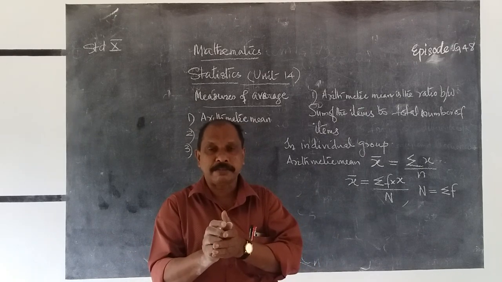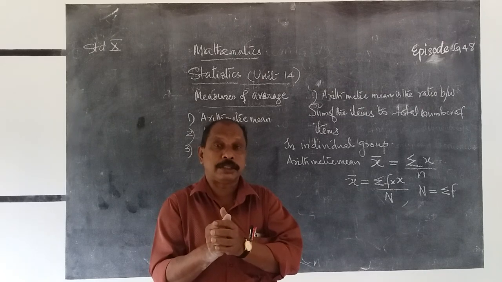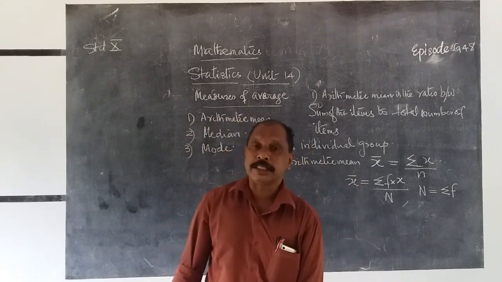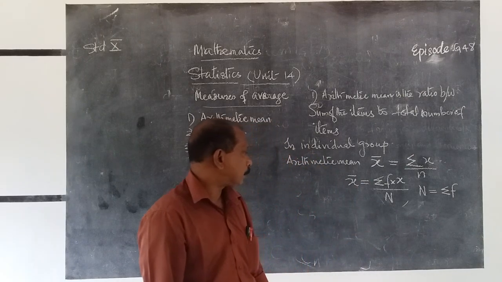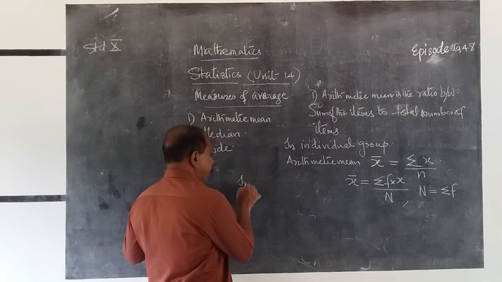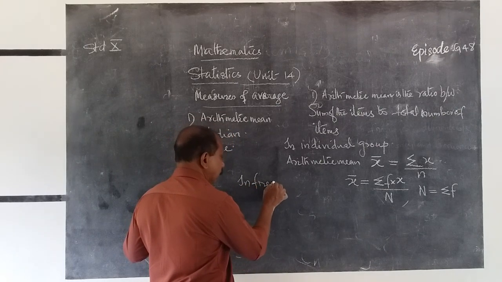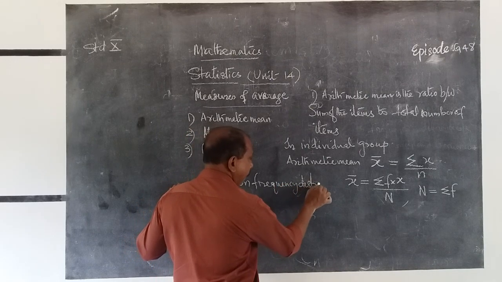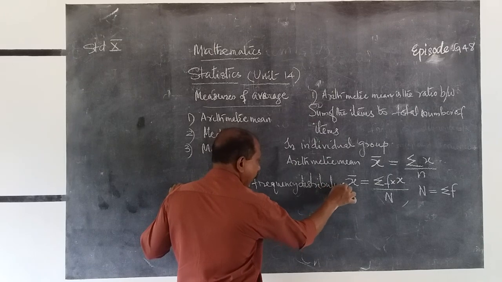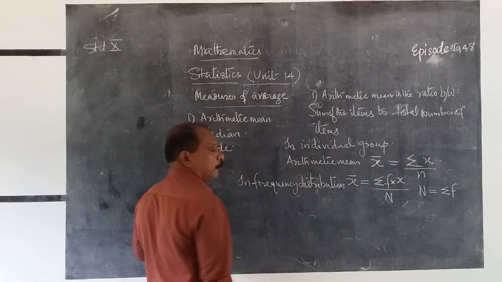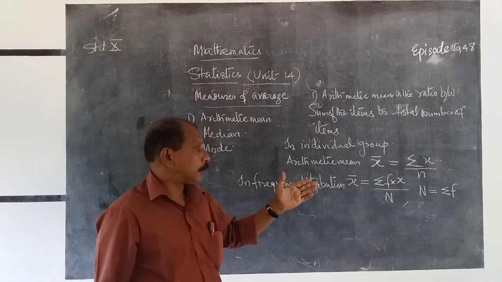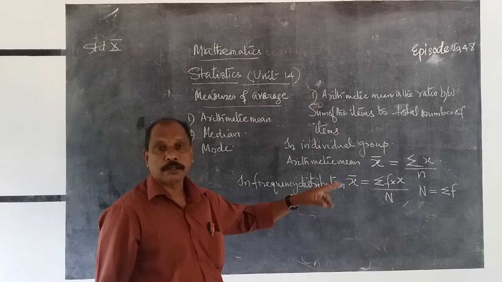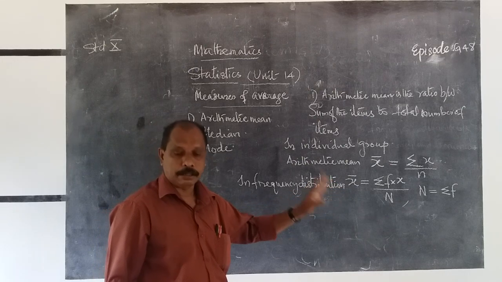That sum is divided by the total number of frequencies, that is total number of items, capital N. Therefore, in frequency distribution, arithmetic mean x bar is equal to sigma f into x divided by capital N, where capital N is equal to sum of the frequencies, that is sigma f.